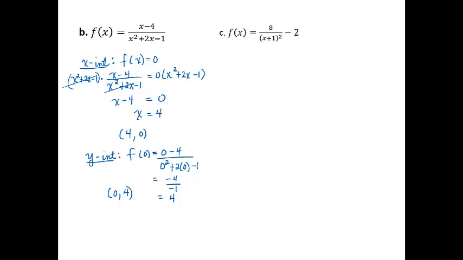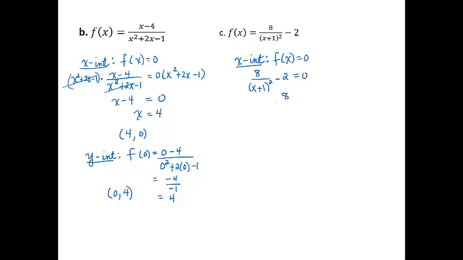Part C is f of x equals 8 divided by x plus 1 squared, minus 2. The x-intercepts are found by setting the function equal to 0. In this case, we get 8 divided by x plus 1 squared, minus 2, equals 0.